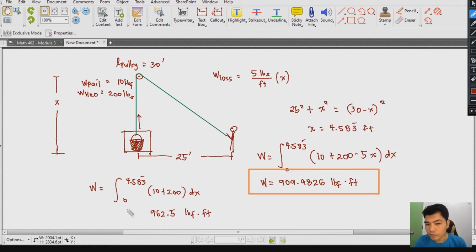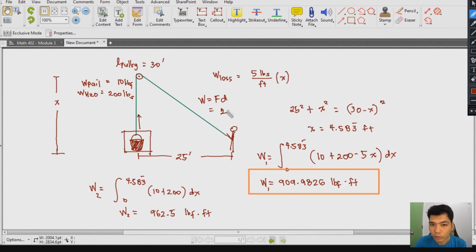And remember, this is the total work that you have when you don't have any amount that is being spilled. So it's like you just lifted a 210 pound force pail from point A to point B. Work is equal to force times distance.